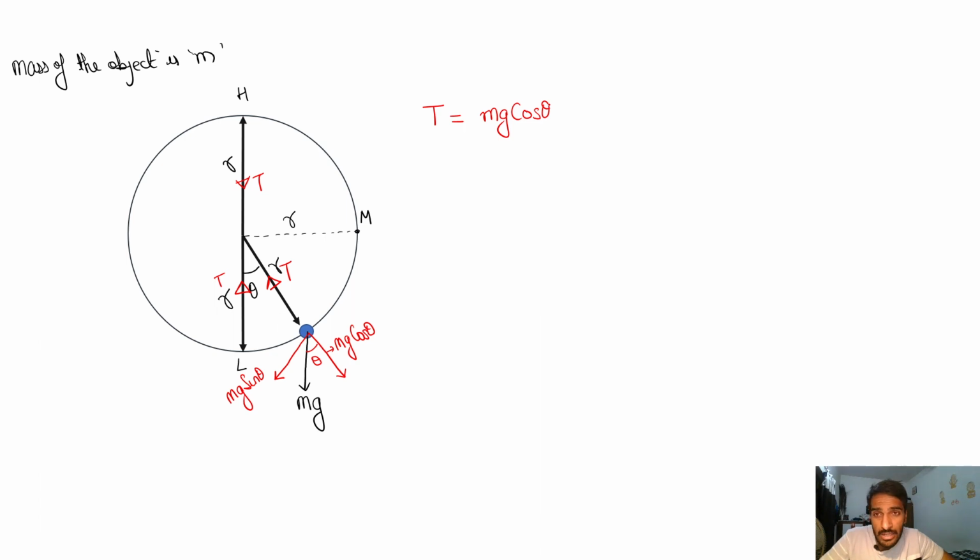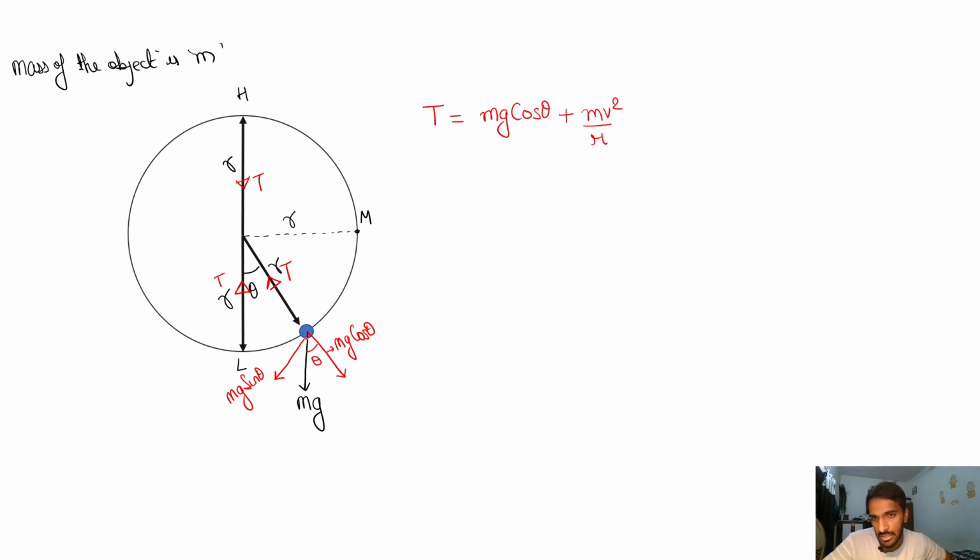For a particle to rotate in a circle, we need a centripetal force, which is always acting towards the center. So in this equation I have to add one more force term, given by mv square upon r, where r is the radius of the circle and v is the velocity at this particular point.